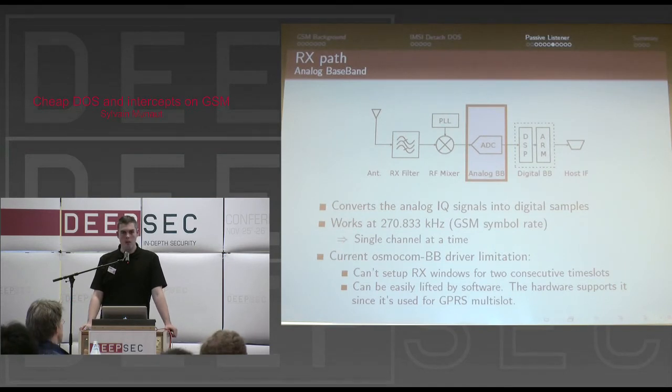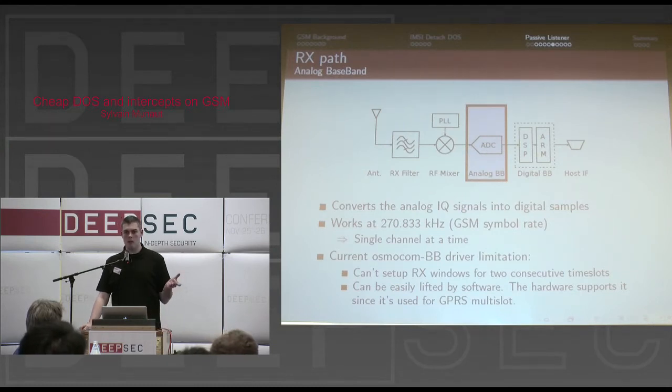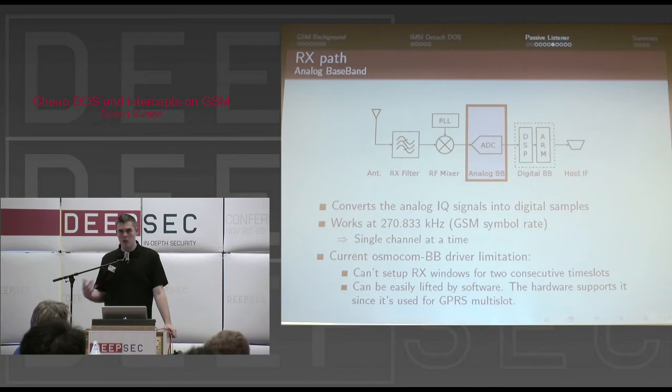The only problem currently is that the driver for it is slightly limited, because you configure it to receive 160 samples. That is one burst, and you have to configure it for each group of 160 samples. And currently the driver doesn't allow configuring 2 consecutive bursts.